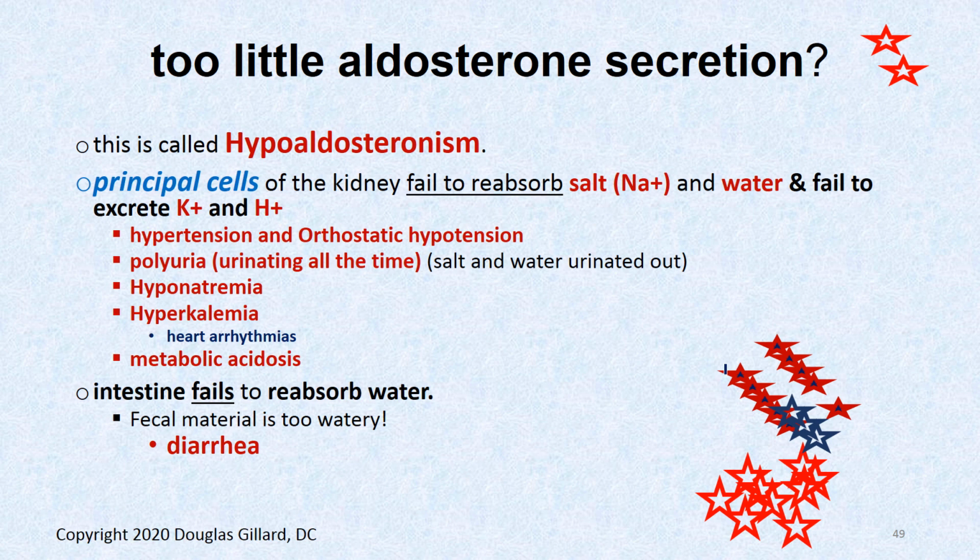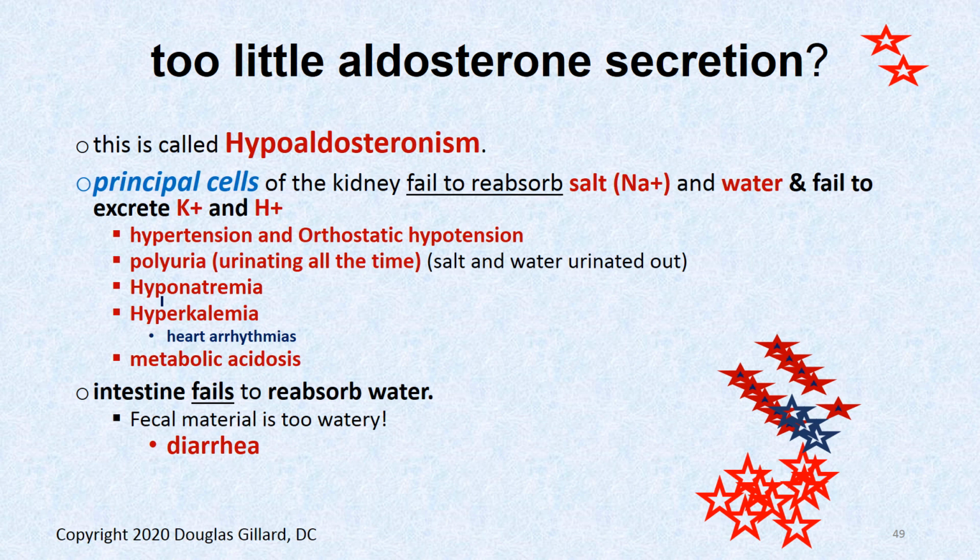Too little aldosterone is hypoaldosteronism. If you don't have enough aldosterone around, you can't absorb salt and water, so you're going to have hypotension. Specifically, orthostatic hypotension really shows up when you stand up fast. Everybody gets a tiny bit dizzy, or most people do, and it comes back within seconds. But with hypoaldosteronism, you stand up and you're dizzy for hours, maybe half the day.